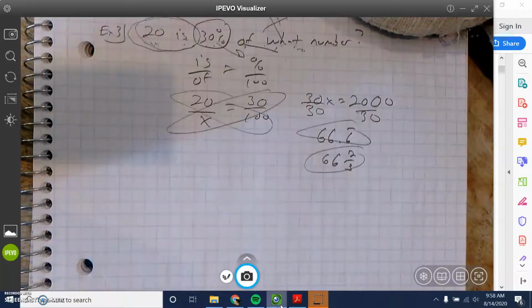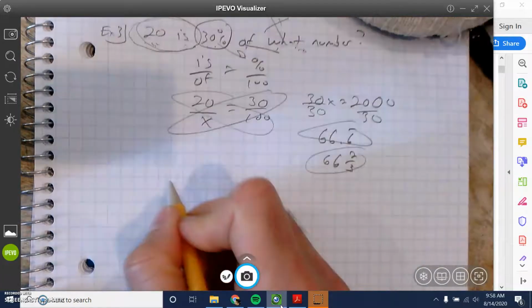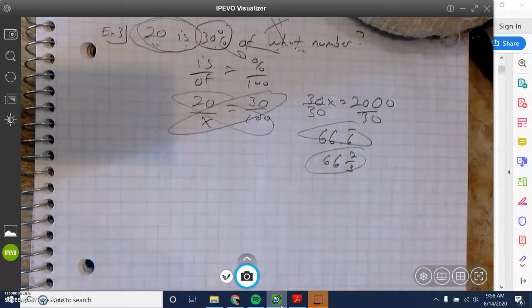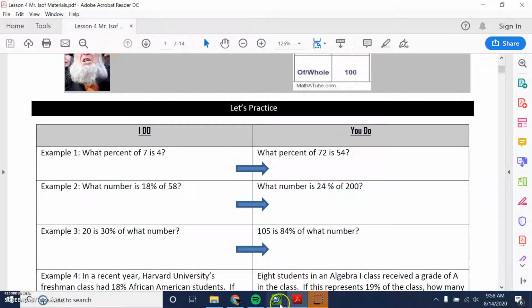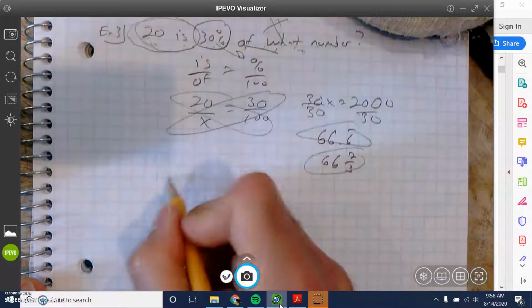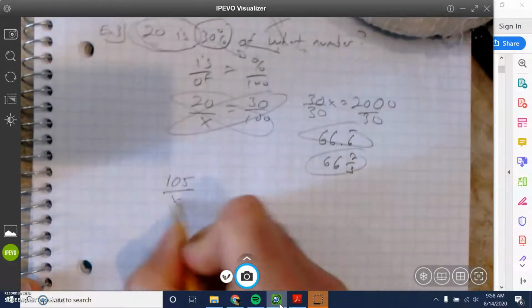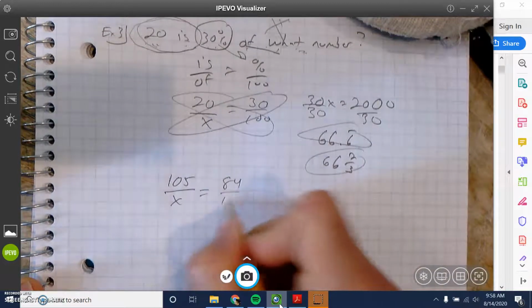All right, let's see what we got. 105 is 84% of what number? Okay. So 105 is 84% of what number?